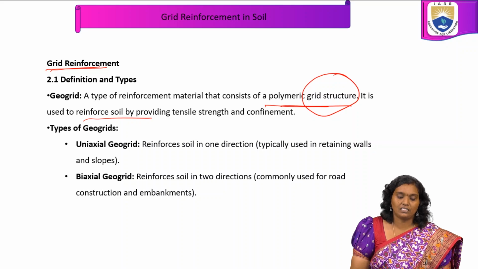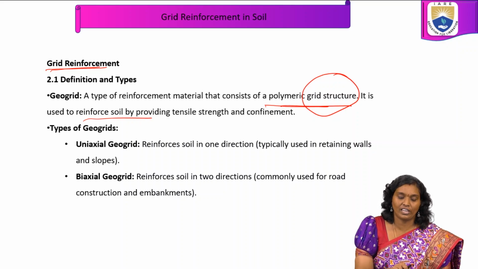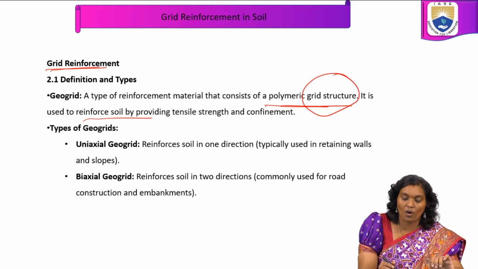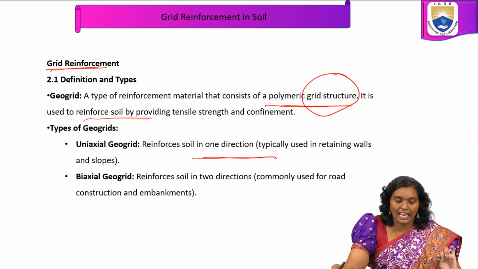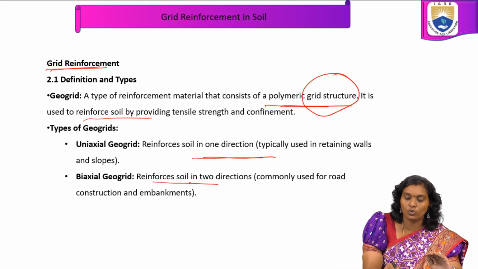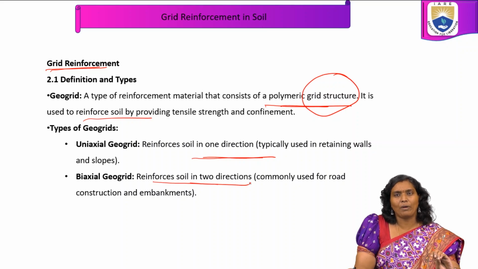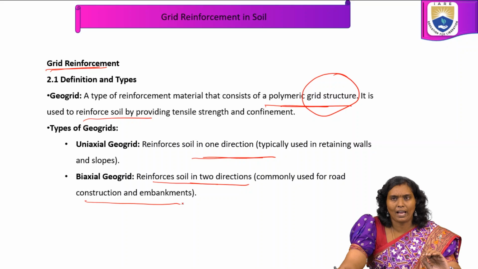In geogrids, different types are there: uniaxial geogrids and biaxial geogrids. Uniaxial geogrid reinforces soil in one direction, typically used in retaining walls and slopes. Biaxial geogrid reinforces soil in two directions, commonly used for road construction and embankments.